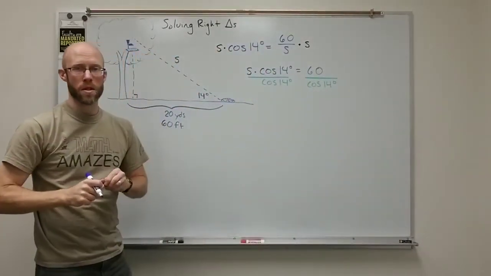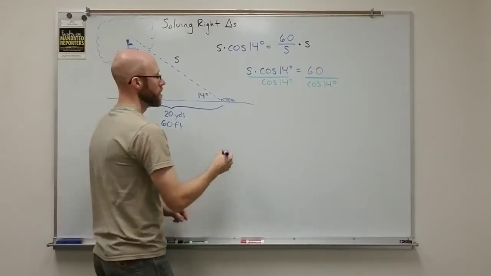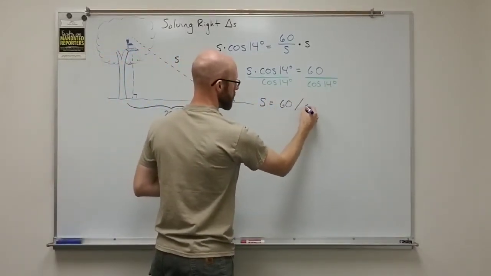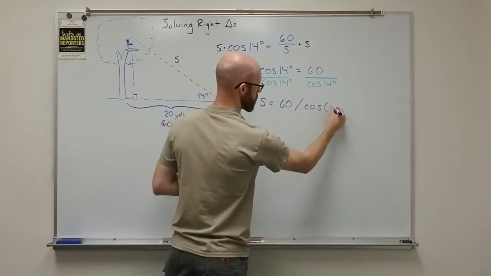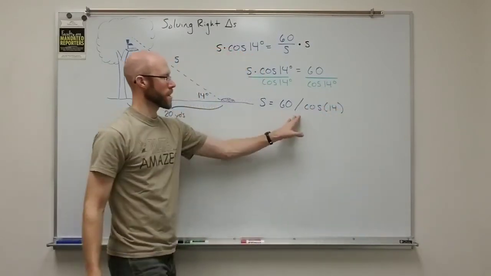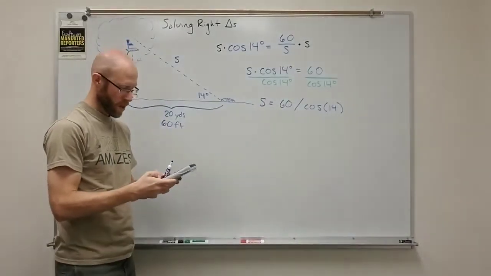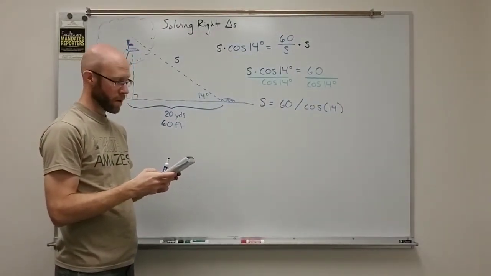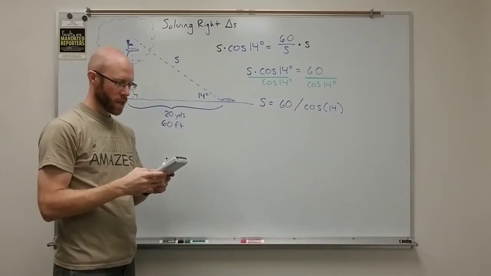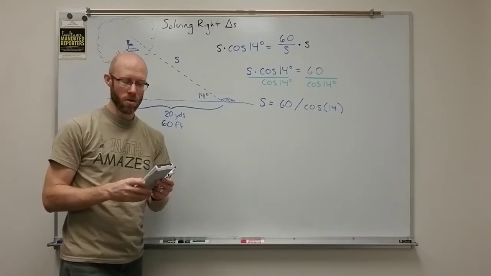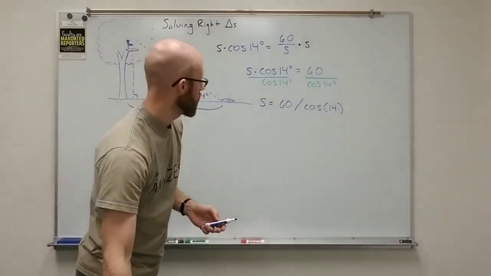Now I'm going to type this into the calculator to get an answer. And so S is going to be equal to 60 divided by cosine parenthesis 14 parenthesis. That's how this should look when I type it into the calculator. 60 divided by cosine 14 looks to be 61.837 roughly.